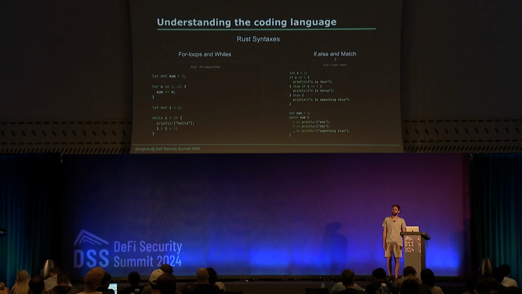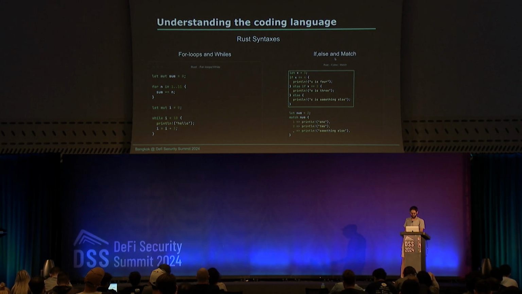Then we have the match. The match is similar to the switch case, where you can see in some cases, so to match the number, if it's equal to 1, you have this print. If it's equal to 2, you have another one. And in case of default, we have another print.